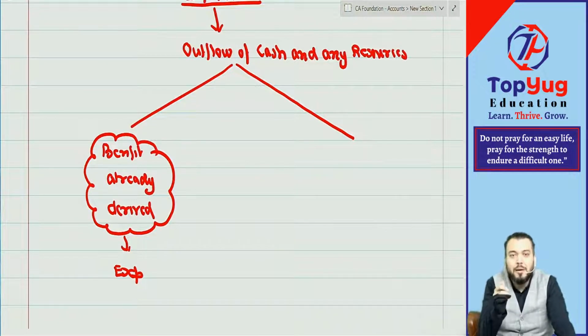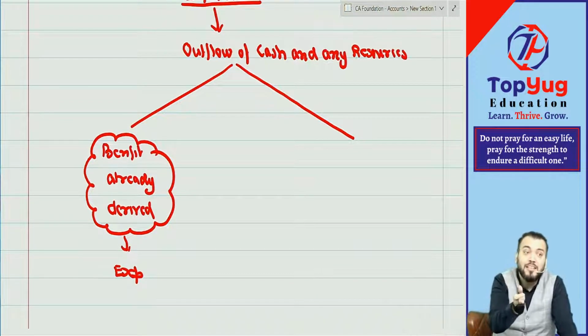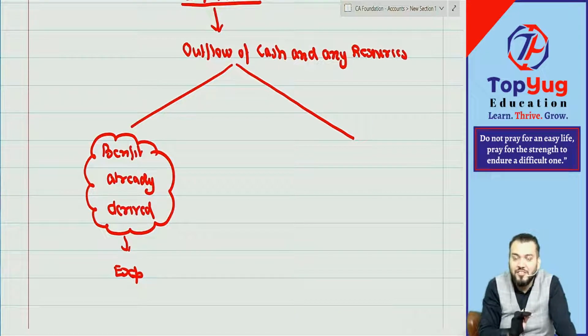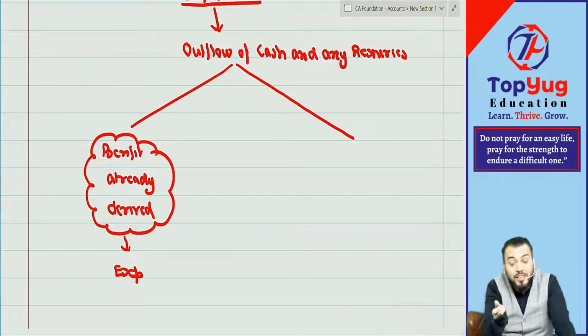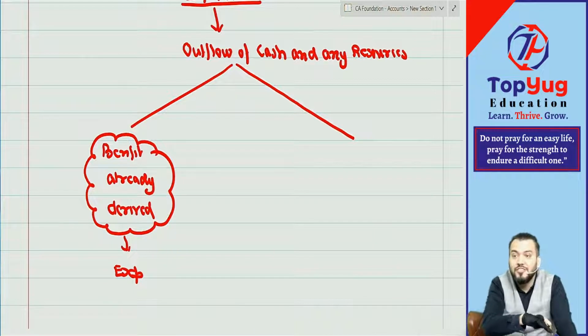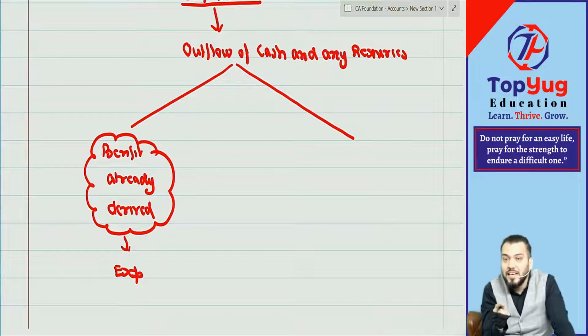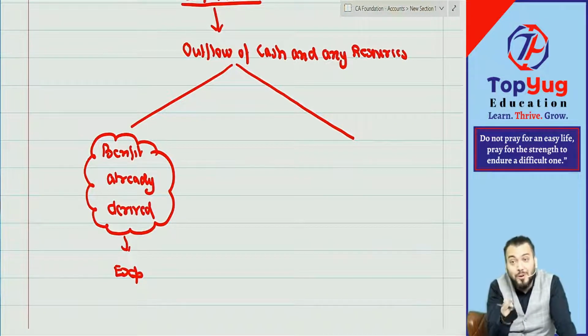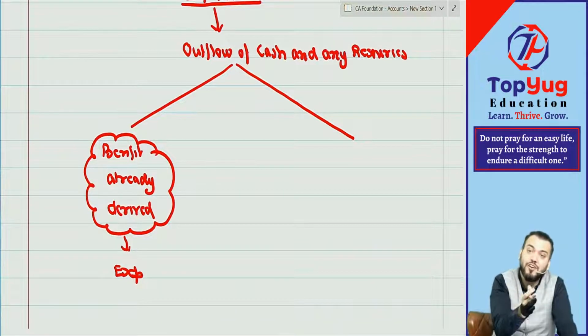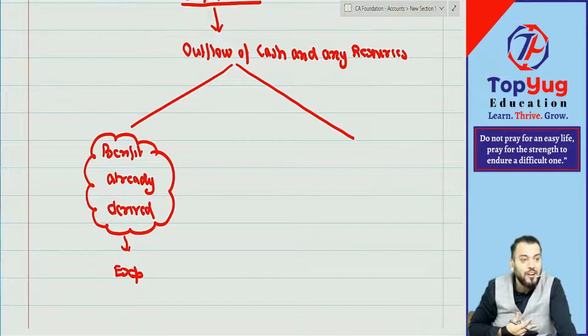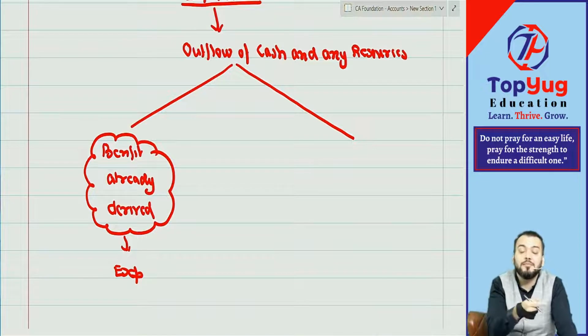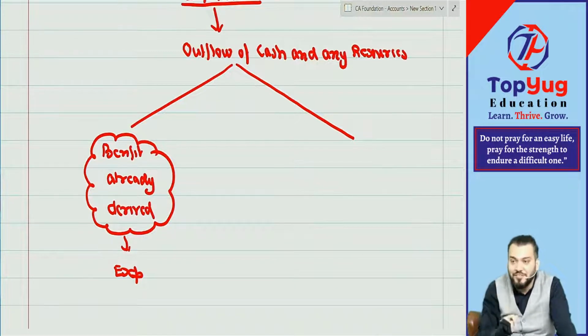Now, the employee has already provided me the services. So this becomes an expense. The services are already received, so I have enjoyed the benefit. It becomes an expense, and we call it salary expense.